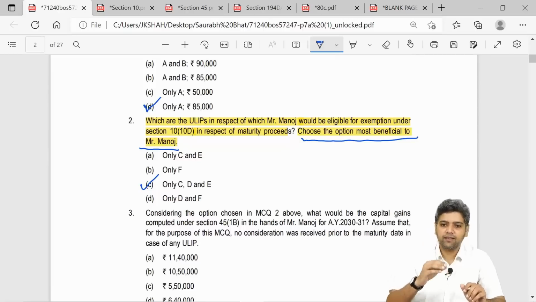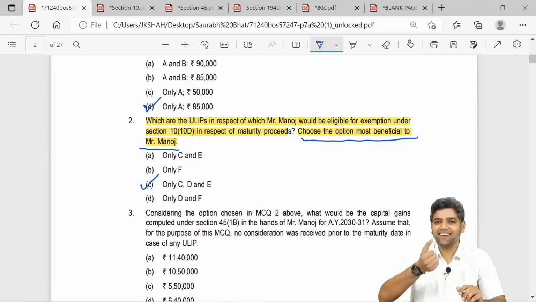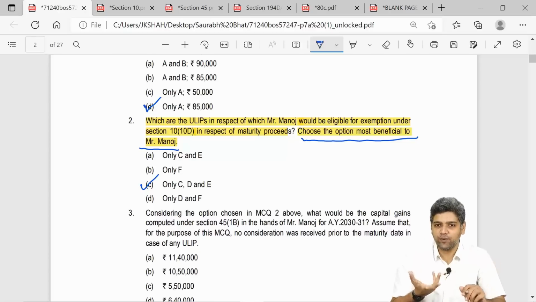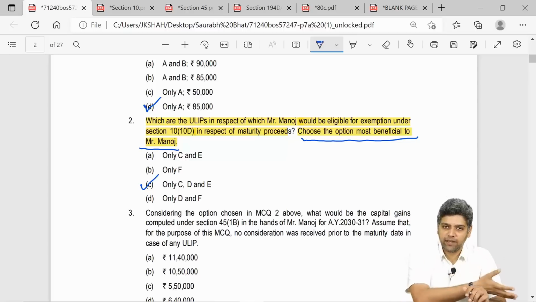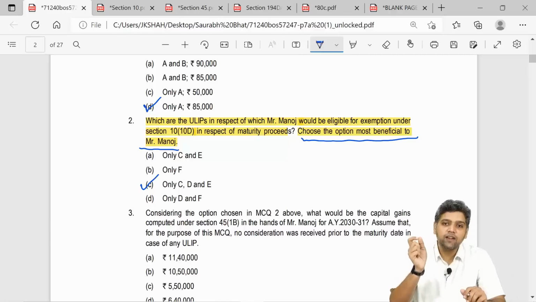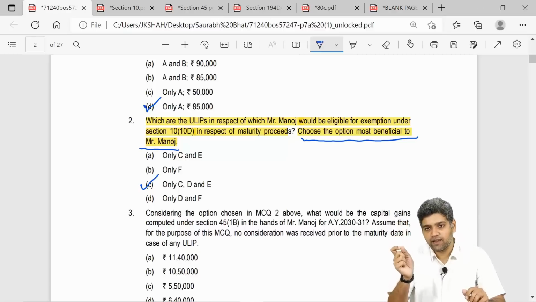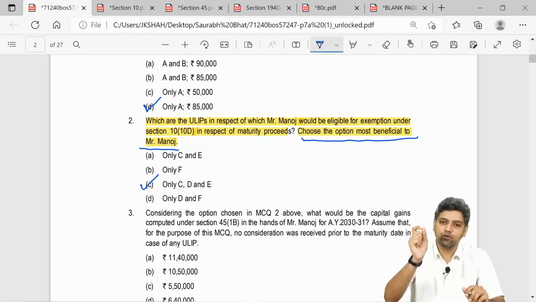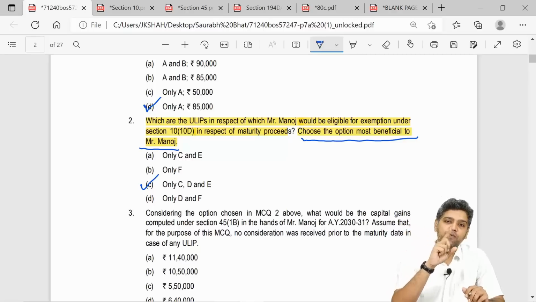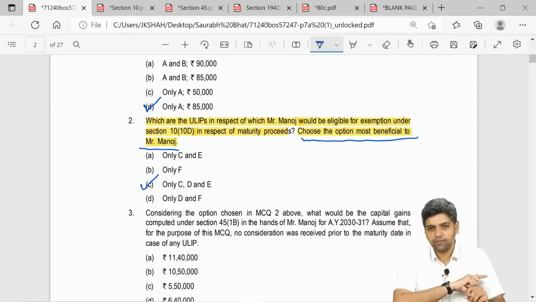I reiterate in one sentence that policy D, of course I get exemption because it is issued prior to 1st Feb 2021 when the provision itself was not there. So section 10 clause 10D applies. Policy C plus E, because the aggregate of premium with regard to those two policies does not exceed 2,50,000 rupees.